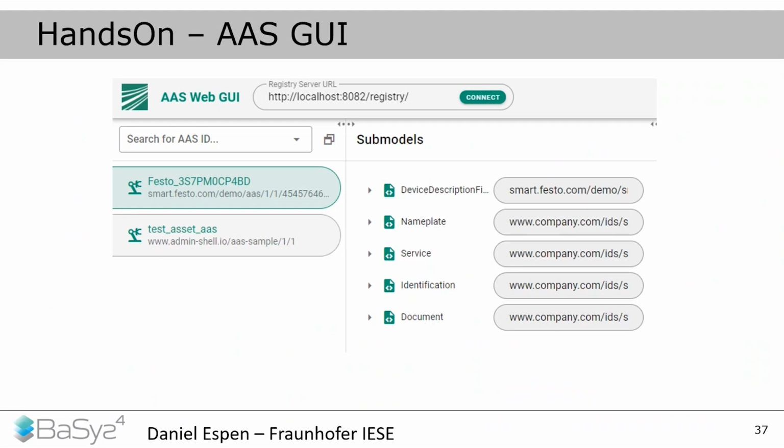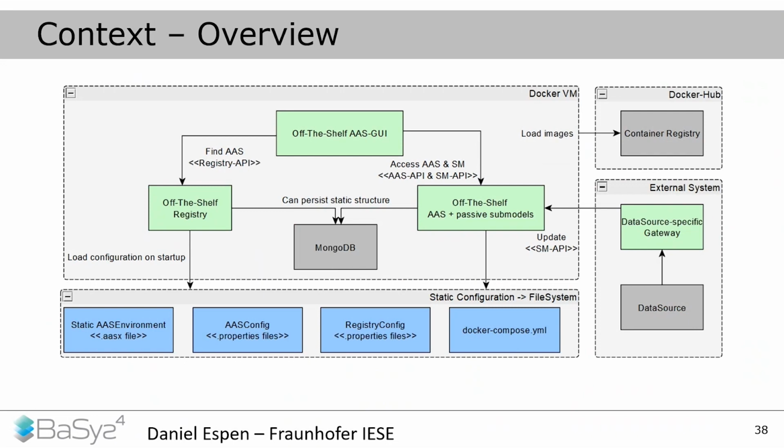At the end of that chapter, I'd also like to talk a little bit about the context here and make an overview. And then we can also try out the MQTT feature, so that you can see how that works, and take a little bit more detailed look into that.